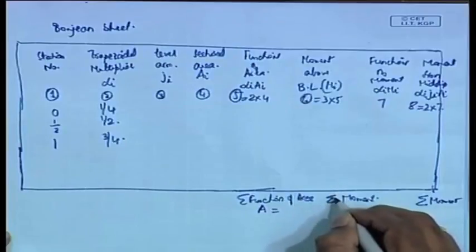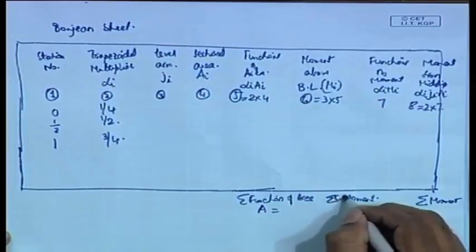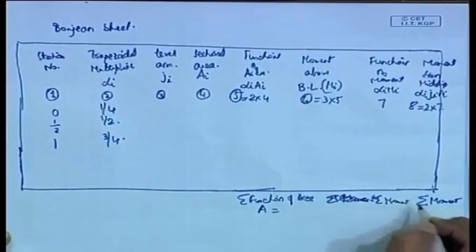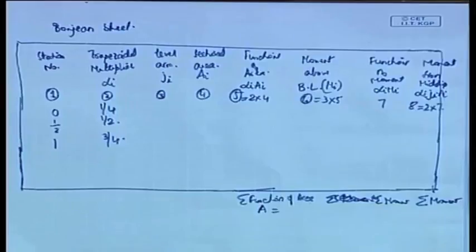No, not this one. So, this one. Sorry, this is sigma moment 1, and this is another sigma moment. These are two moments. One is a moment taken from the baseline, moments of each of the areas above the baseline, and the other one is the moment from the different stations, moment of the different stations.